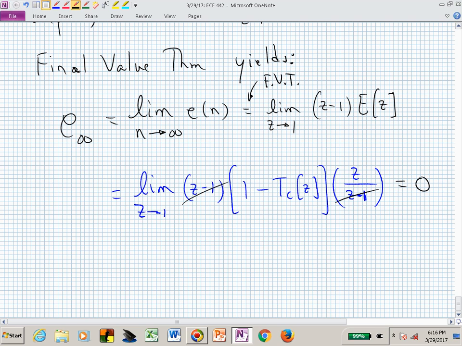And if we want this to equal 0, as z goes to 1, what does that imply for capital T sub c of z? Another way of saying that is we're now saying the limit as z goes to 1 of T sub c of z, if I push that on the other side, is equal to 1.